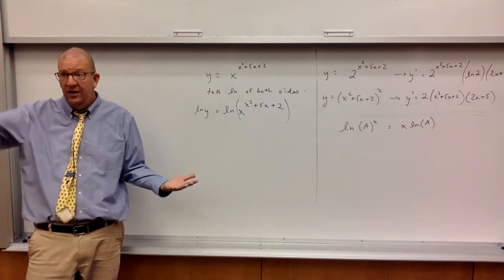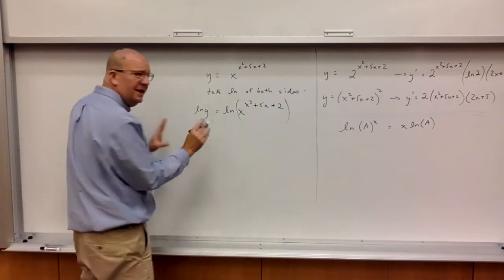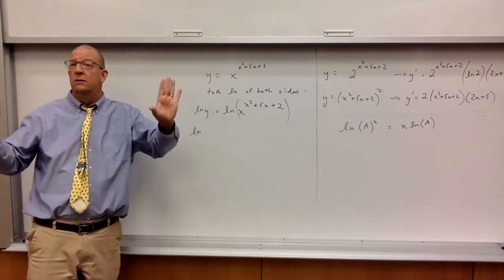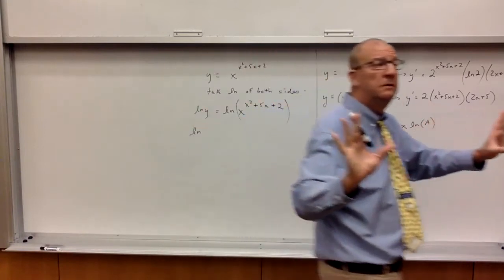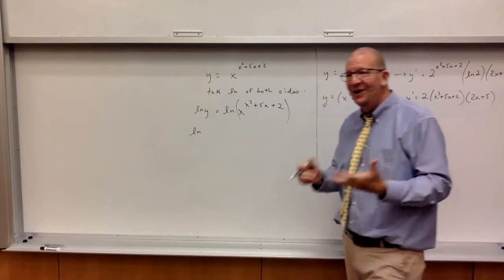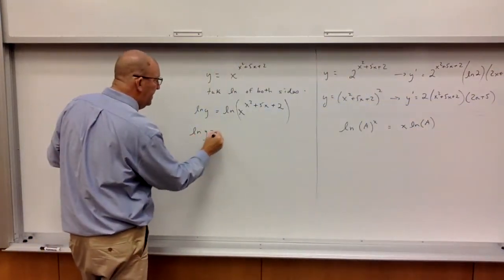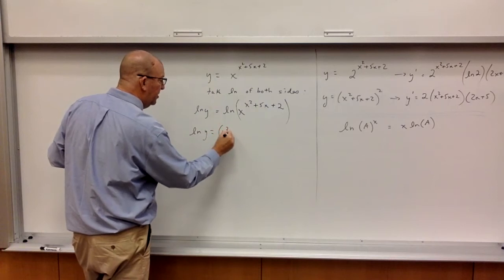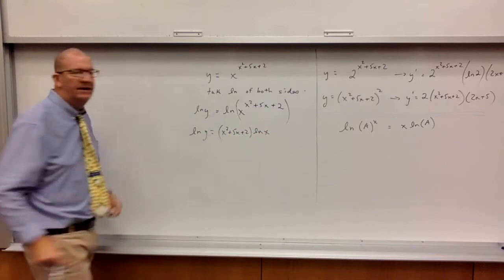It's going to come down in front, isn't it? So now I'm not doing any calculus yet. No calculus. Not yet. We're going to in a moment. Don't worry. It's coming, but not yet. Natural log y equals x squared plus 5x plus 2 times natural log x. Isn't that great?